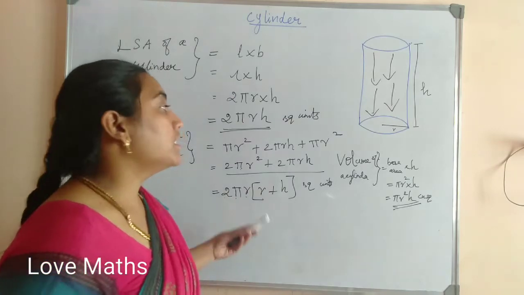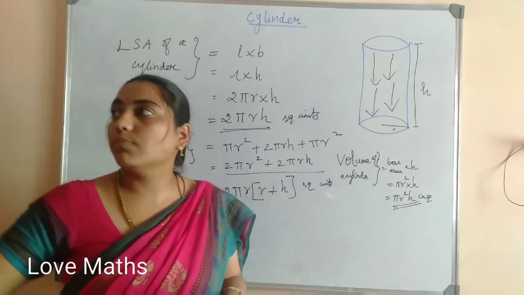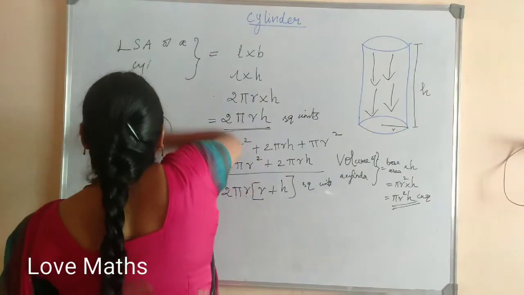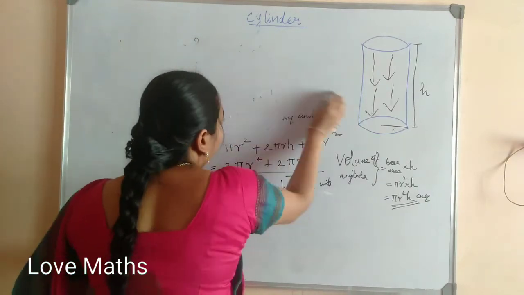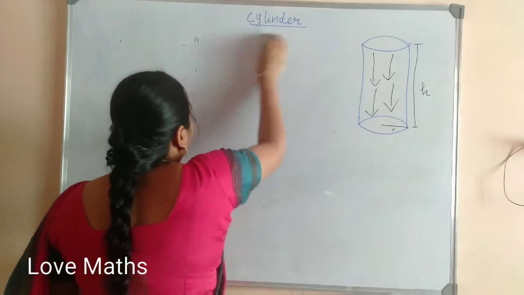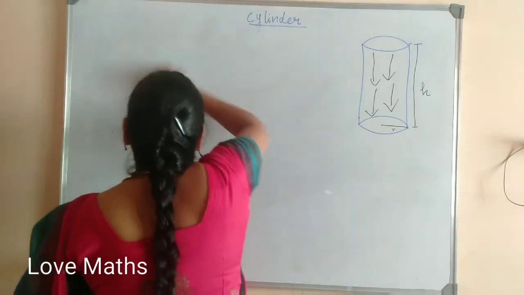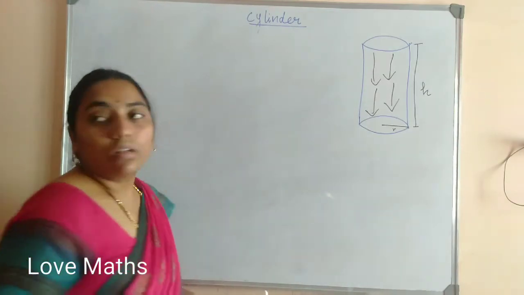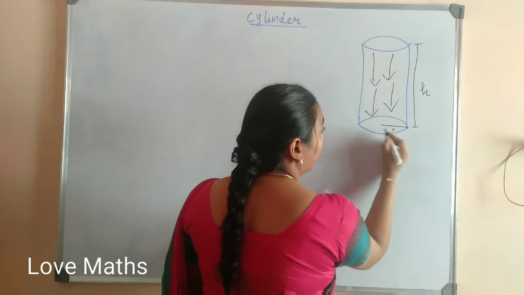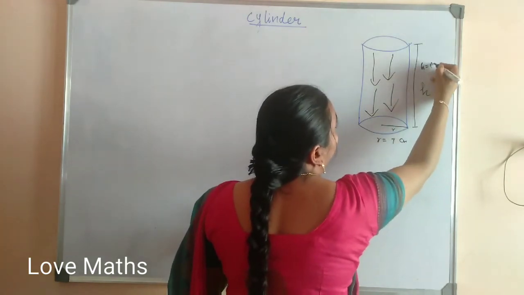Is it clear? Based on the formula we have to try to solve one or two sums now. Just see the sums, how to solve. Now I am taking this cylinder, R value is 7 centimeter, H is 14 centimeter.